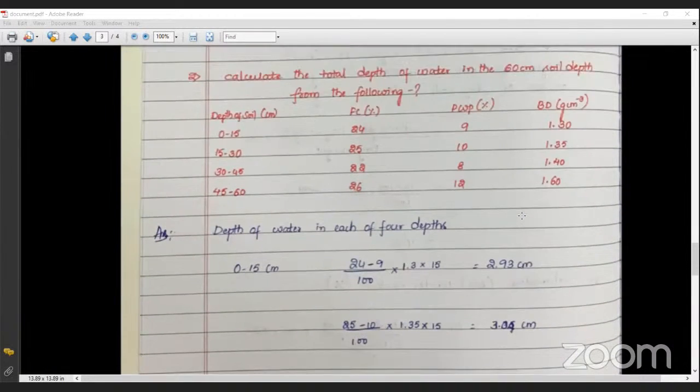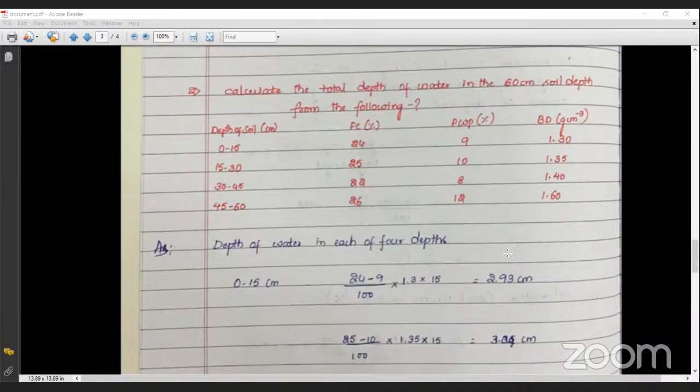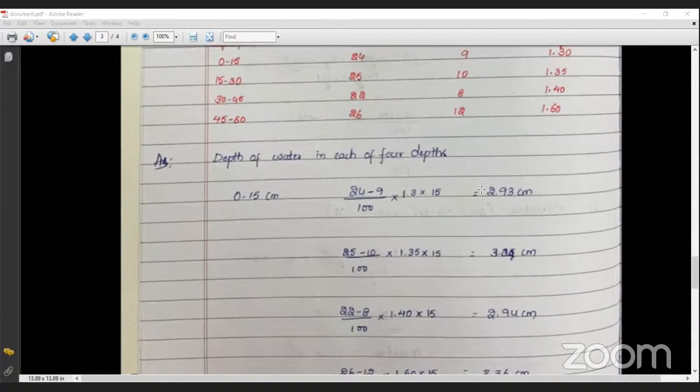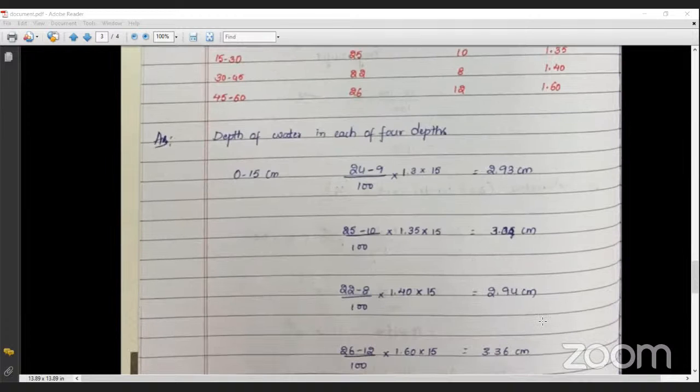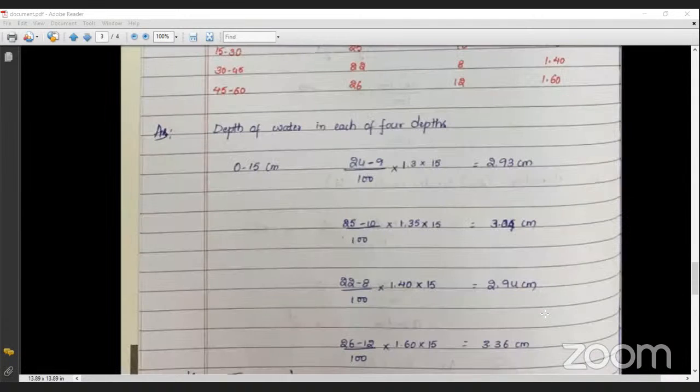The question is the total depth of water in the 60 centimeter soil depth. That means we have to add 2.93, 3.04, 2.94, 3.36. What is the answer? The total comes to around 12.27 centimeter.